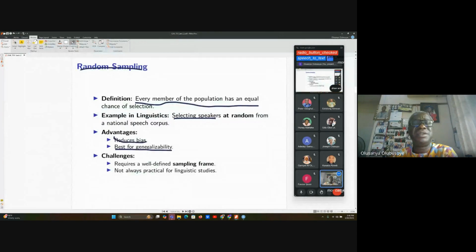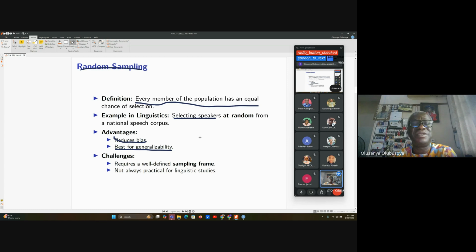That's a very important reason for generalizing results. But it's common for people to just sit down under the tree, use any convenience, those who are available or those who volunteer, get data from them, and then begin to use the findings to generalize for the entire population.